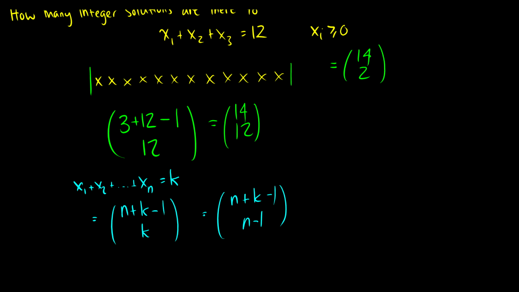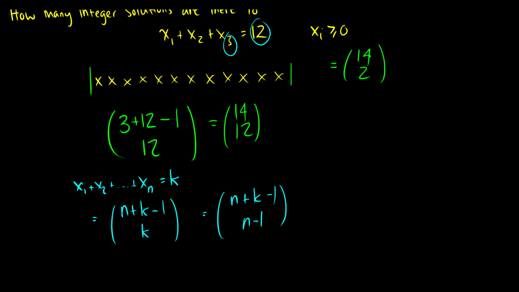So that's 2 ways of looking at things. Our n in this case was 3, our k was 12, and we subtract 1, so we get 14 choose 12. That's what I taught in the first video on combinations with repetition.